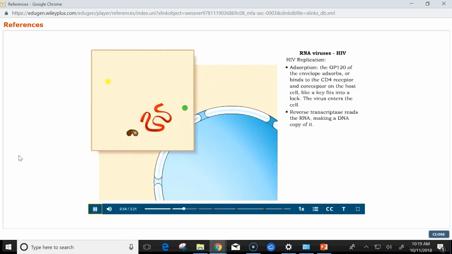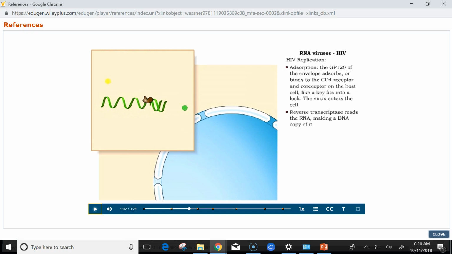Reverse transcriptase reads the RNA, making a DNA copy of it. So that enzyme it comes with, reverse transcriptase. And actually, viruses like this have led to really great genetic research because we stole this virus. But we don't normally go from RNA to DNA.